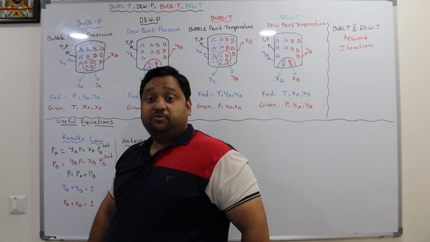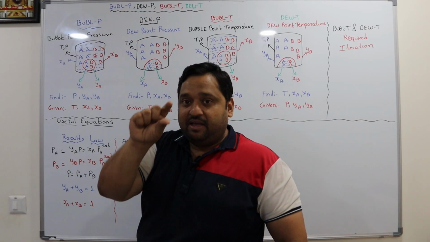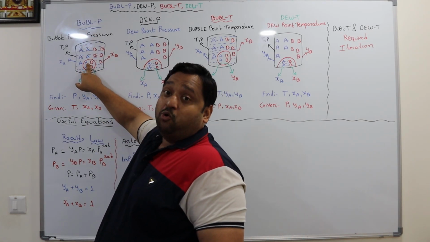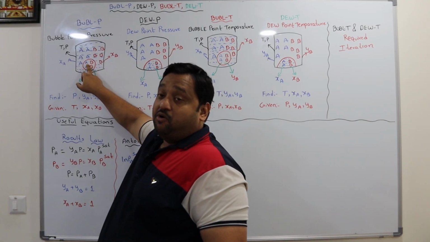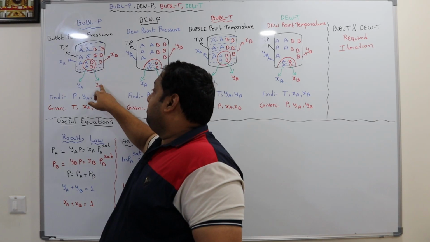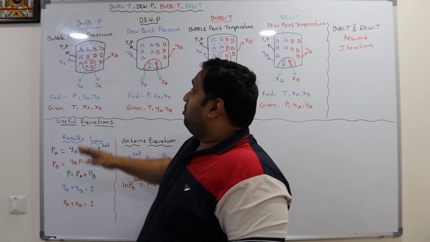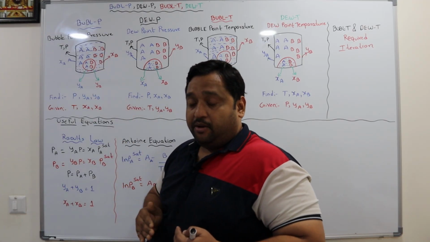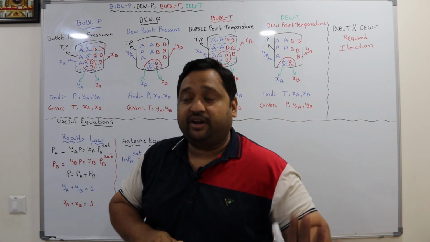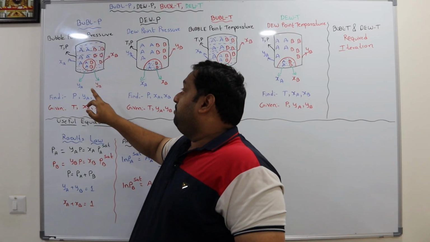Your objective is to find out, if bubbling happens and the bubble contains vapor, at what pressure this bubble is going to form. If the bubble is forming, what is the fraction of A in the bubble and what is the fraction of B in the bubble? Whenever you find bubble points, what you have to find is P, YA and YB.